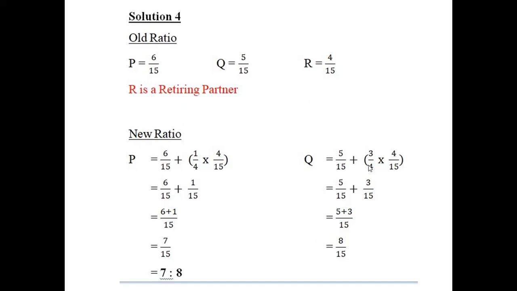So R is a retiring partner, so R will surrender one fourth. That is, you can see here, R surrenders one fourth of his share, that is 4 by 15. Okay, read this question.